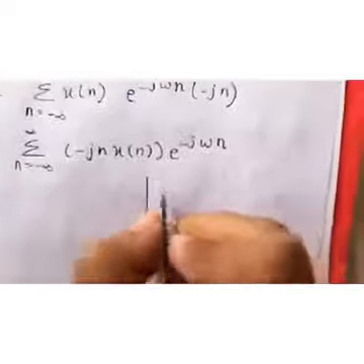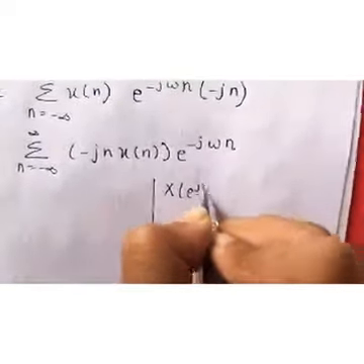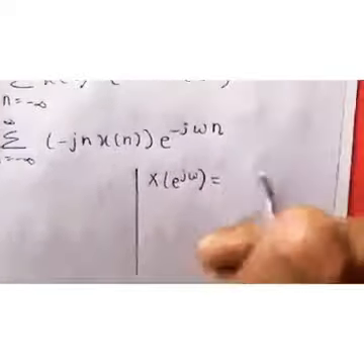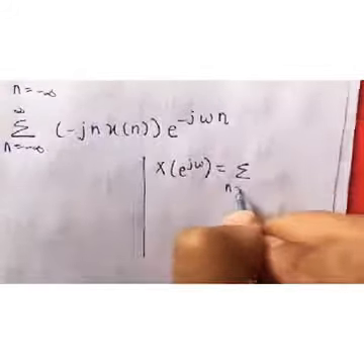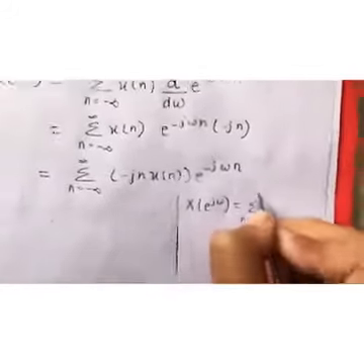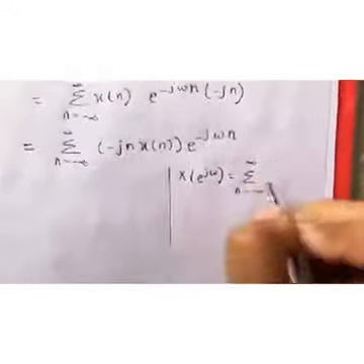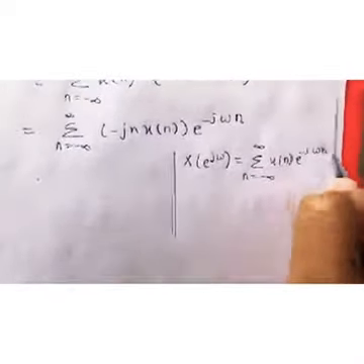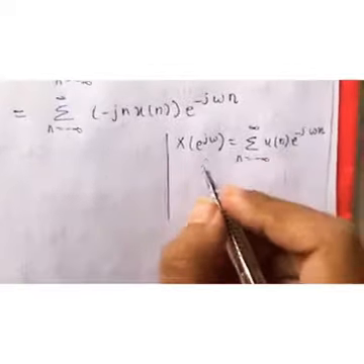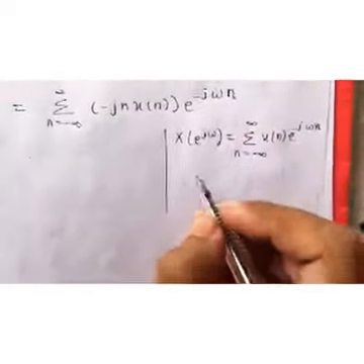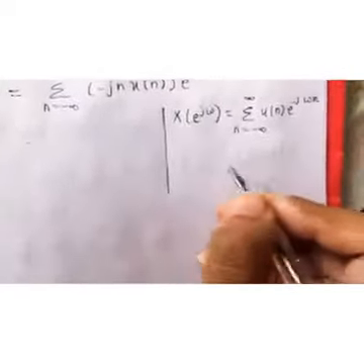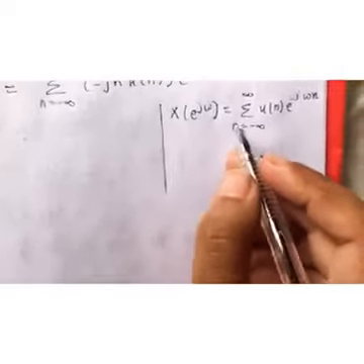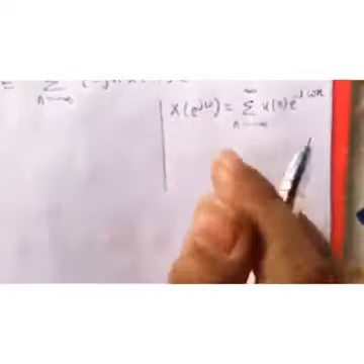So we know X of e^{jω} is already the summation from n equals minus infinity to infinity of x of n e to the power minus jωn. So we write x of n forms a DTFT pair with X of e^{jω}.